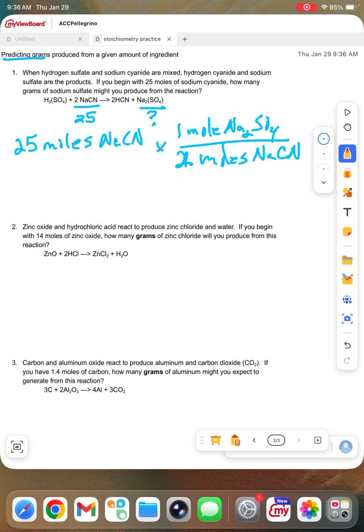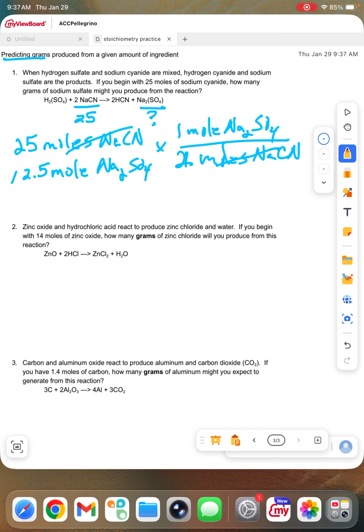So, in the same way we did in the last one, we're going to be dividing by 2, because 2's on the bottom. We know we've got it right because our moles of sodium cyanide cancel out. So we end up with 12.5 moles of sodium sulfate that will be produced. But we're not looking for moles now, we're looking for grams. So we have to figure out how many grams are in 12.5 moles of sodium sulfate.